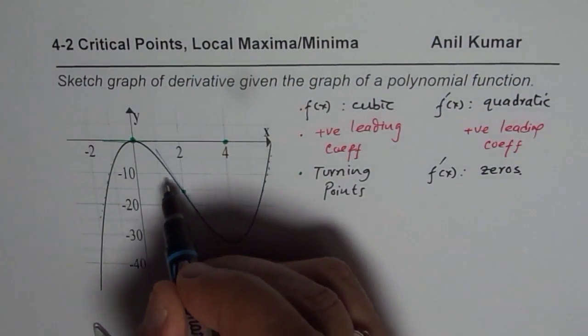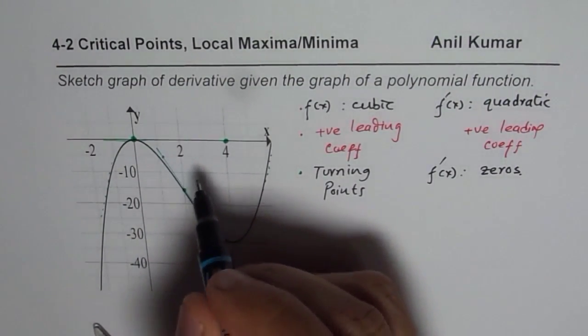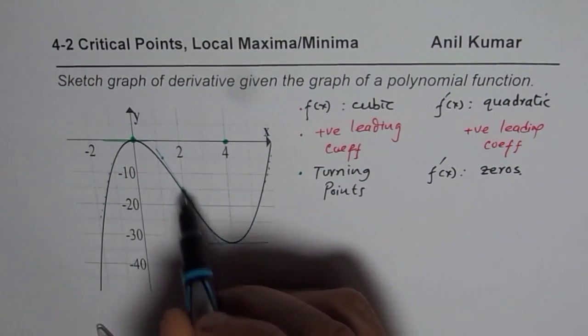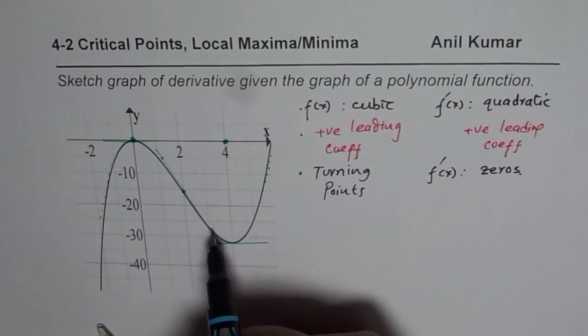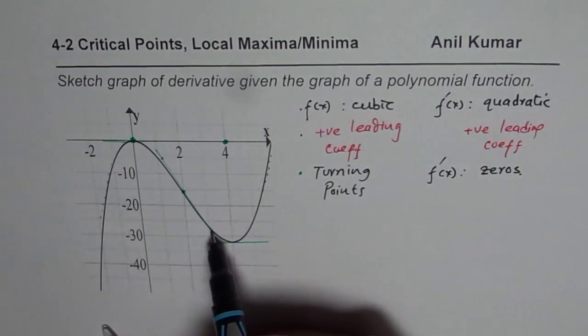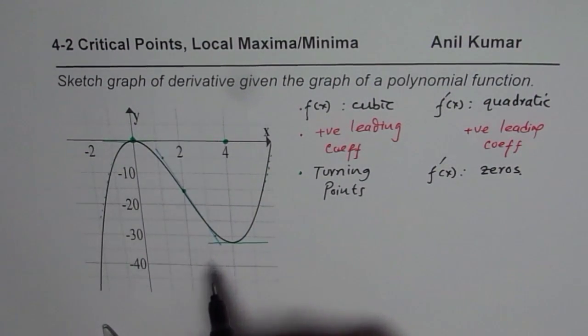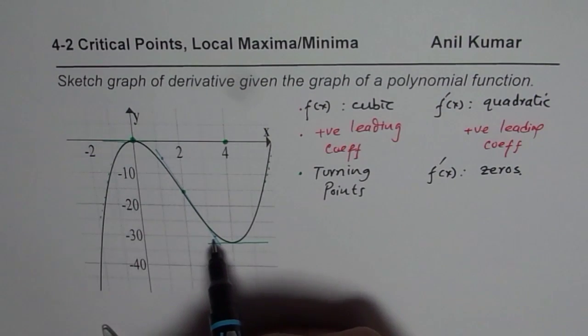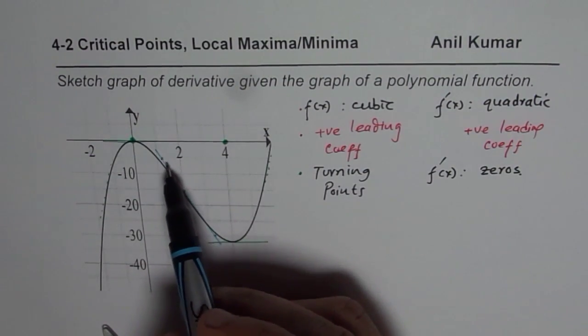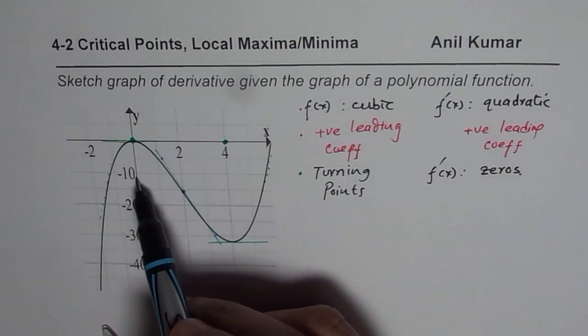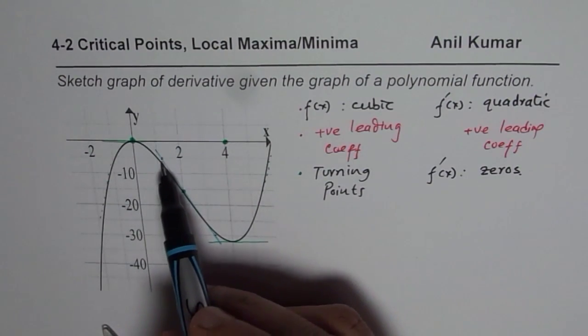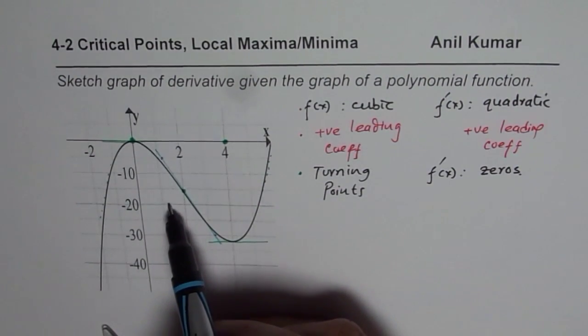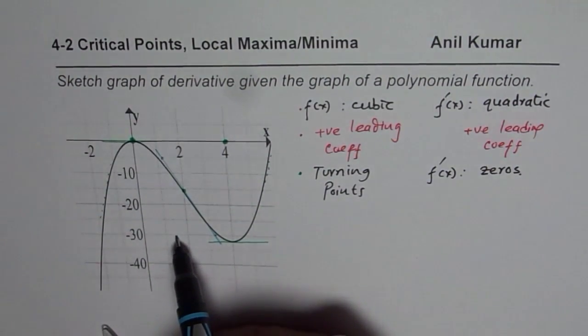Approximately, let us say this point, slightly away from 1. And let me take another point slightly away from 3, and let us say it is here. What we can say here is that each unit of rise is 5. So from here 5, 10, 15, 20, 25.